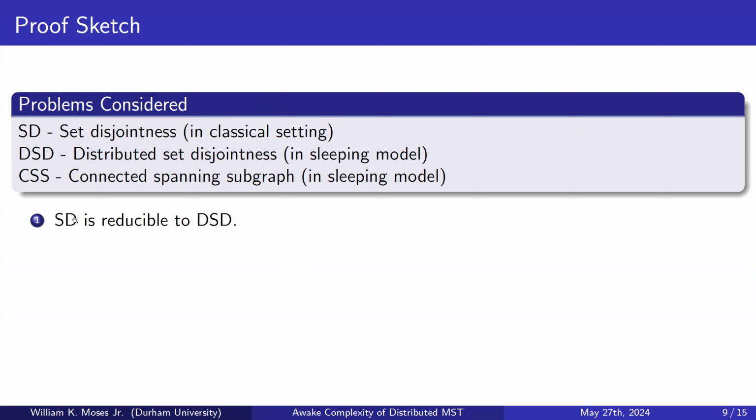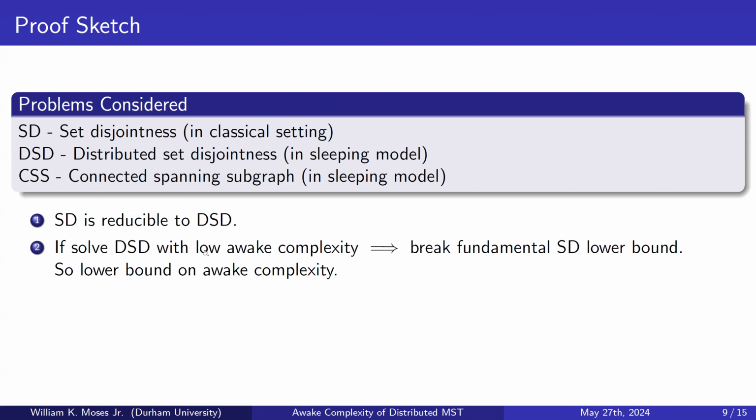Now, how does the proof work? Well, what we do is we take the problem of set disjointness from classical communication complexity, and we reduce that problem to distributed set disjointness in the sleeping model. And the idea is, if we can solve distributed set disjointness with a low awake complexity, it would imply that we can break the fundamental lower bound for set disjointness, which of course we cannot, which in other words implies that the awake complexity is not too small.